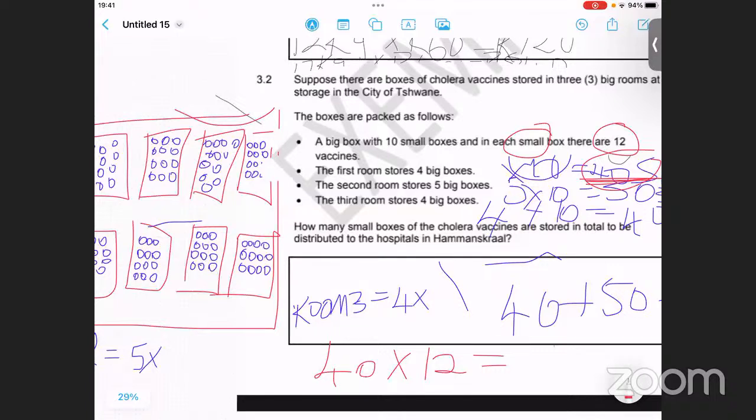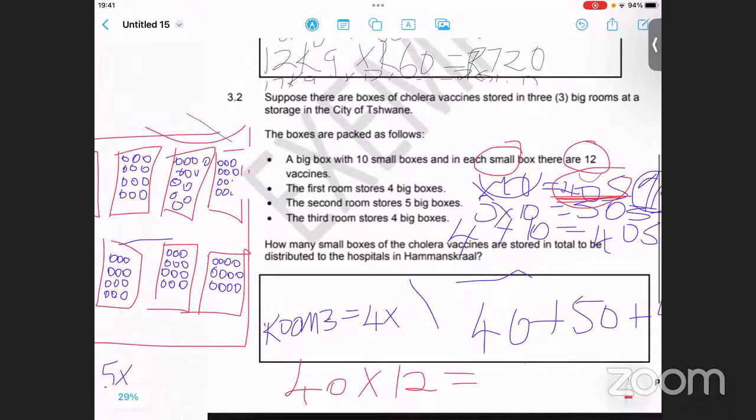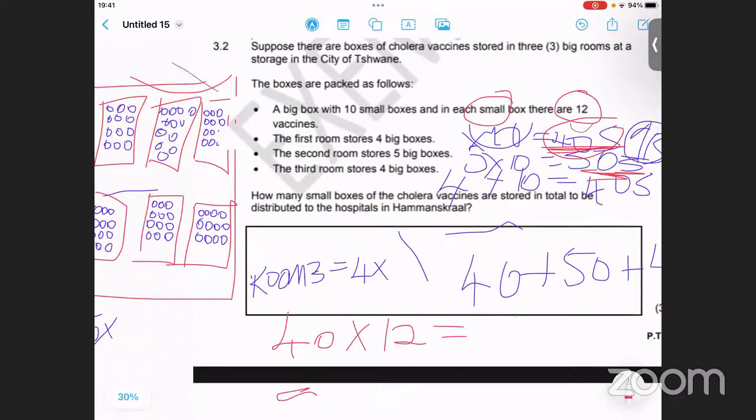And if they asked you, Manahil, to calculate the number of vaccines in the second room, you're going to say 5 multiplied by 10, which is this 50 that we got here. So you take that 50 small boxes multiplied by 12, because each and every small box carries 12 vaccines, all right?